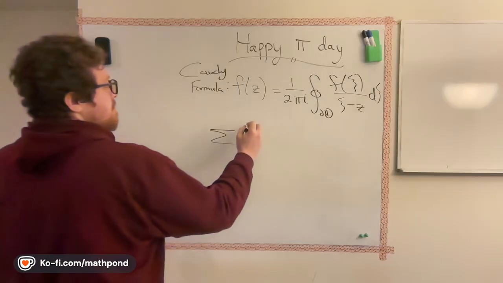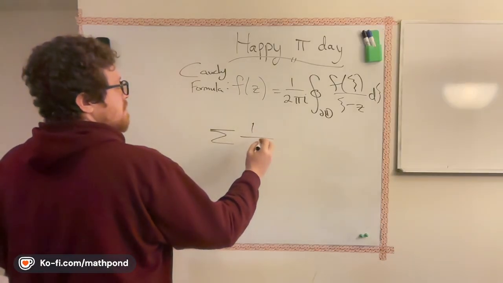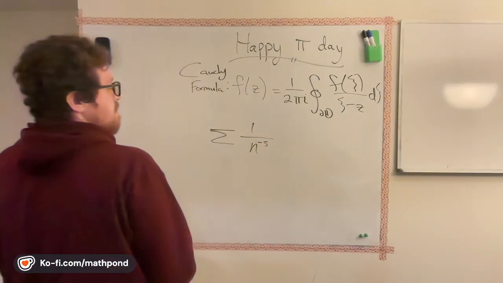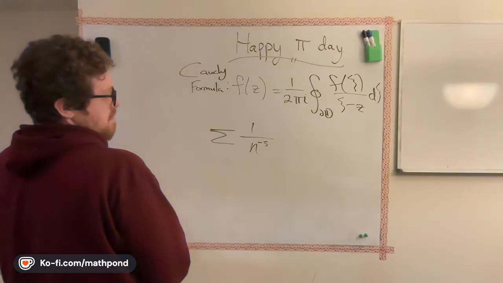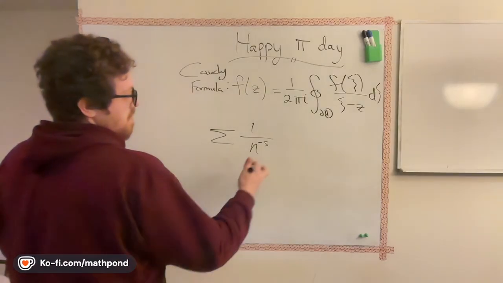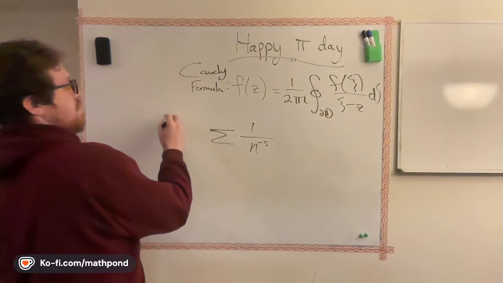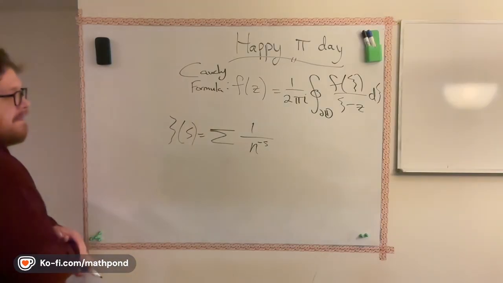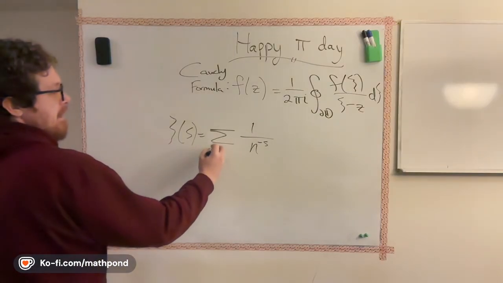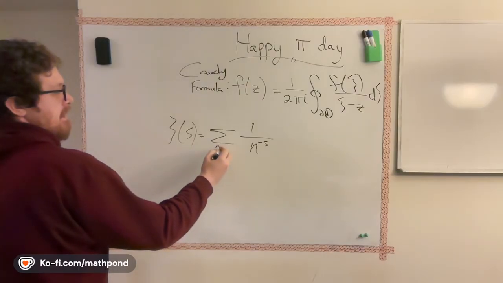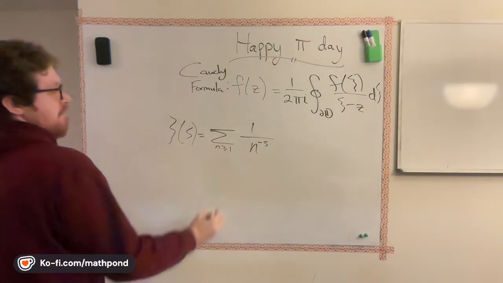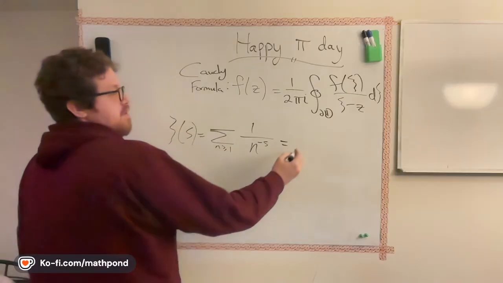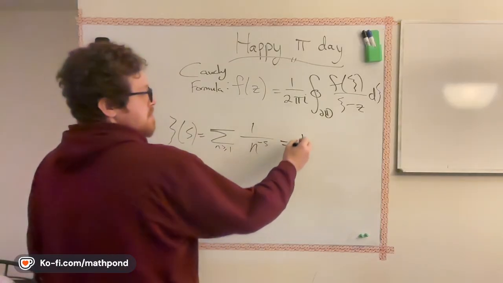Is it the sum of 1 over n to the s, negative s, positive s? No, negative s, right? Yeah. Also, we have the Euler product over primes. What is it again?